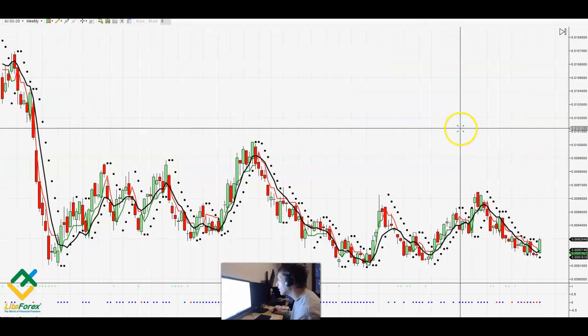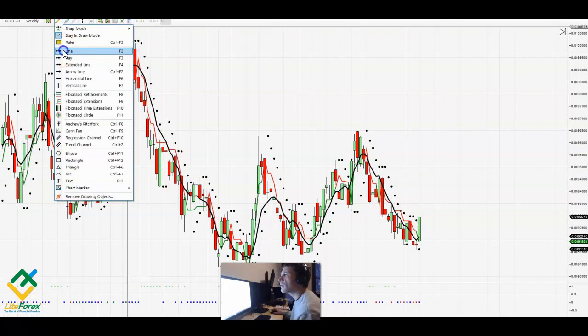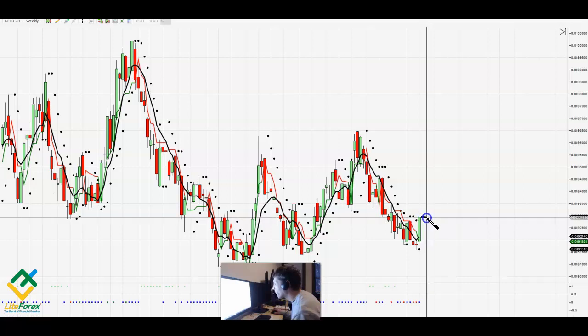Just the same thing like I always say, if you're looking at a candle like this on a weekly chart, you see where we closed, 0.009291. It's very rare that we're going to open up around that price or close to it and just continue going up.